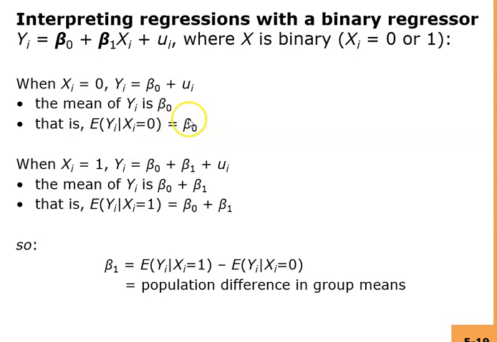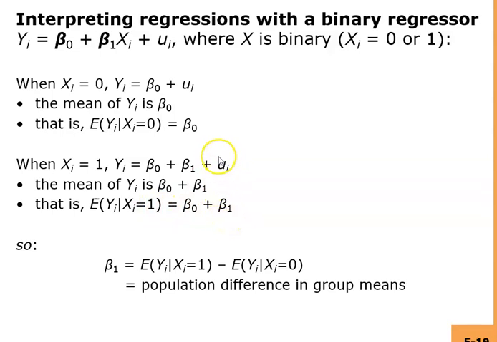So using a similar kind of analysis, when we plug in x equals 1 over here, and we also utilize the first assumption, the expectation of y given x equal to 1 would be equal to beta naught plus beta 1.